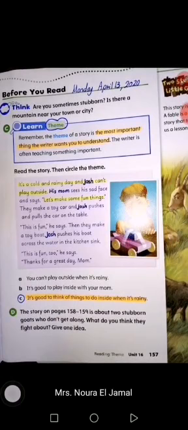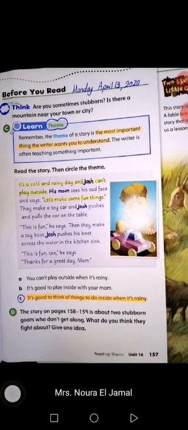It's a cold and rainy day, and Josh can't play outside. His mom sees his sad face and says, "Let's make some fun things." They make a toy car, and Josh pushes and pulls the car on the table.